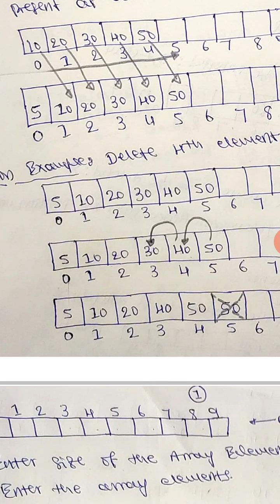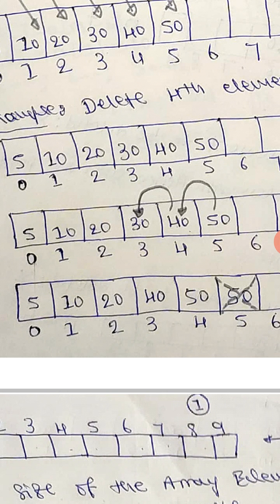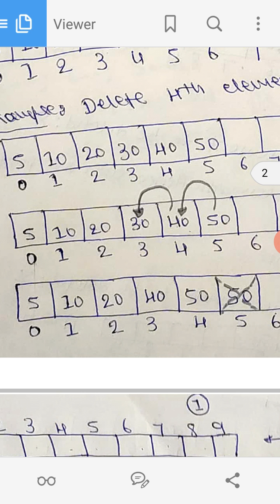Suppose if you see here in this example, I would like to delete the fourth element. As per this example, the fourth element is 30. If I want to delete 30, then I will overwrite the fourth index value onto the third index value. By doing so, 40 is copied at index 3, then 30 is overwritten by 40.